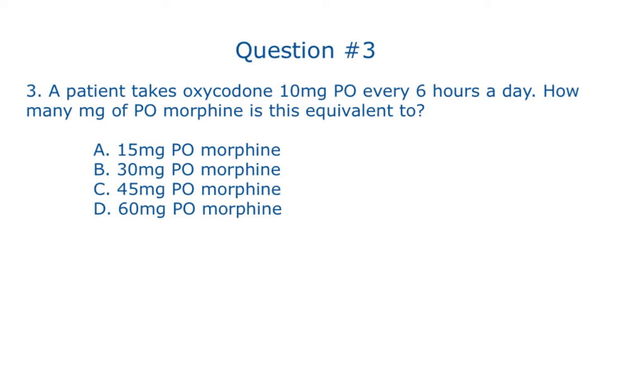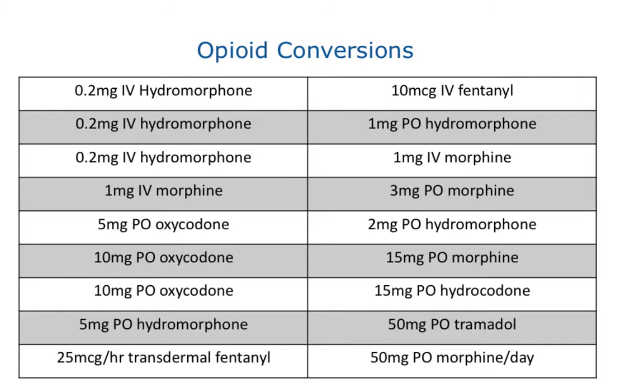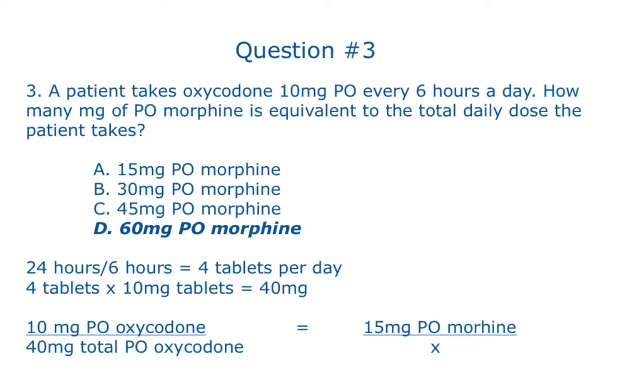So if a patient takes oxycodone 10 milligrams every 6 hours, how many milligrams of PO morphine is this equivalent to? If you look here, 10 milligrams of PO oxy equals 15 milligrams of morphine. Every 6 hours in 24 hours means you're taking 4 tablets a day.